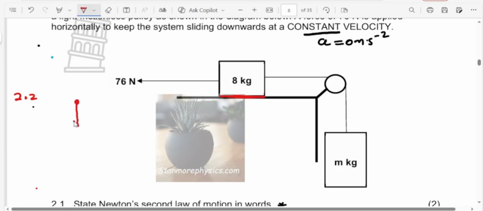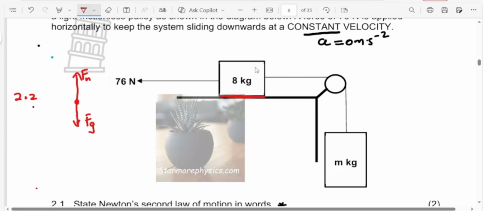So I'm going to have my Fg going down. They said label all the forces. Fg will go down. Then we're going to have a force that is acting up, which is my Fn. So far so good. I have 2 marks already. 2 marks, nice, well done.